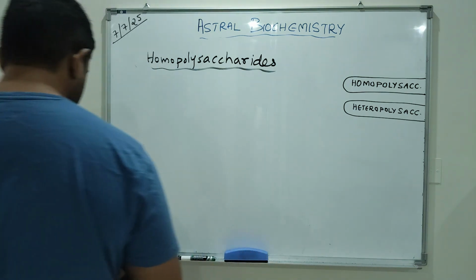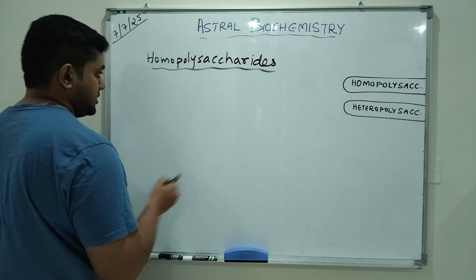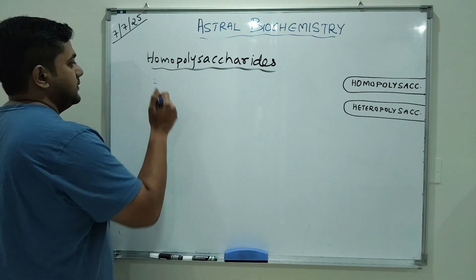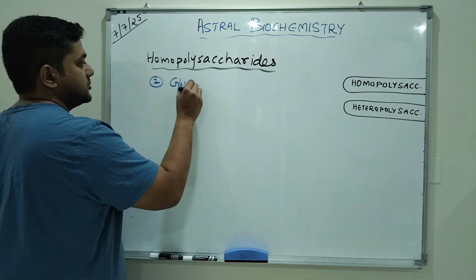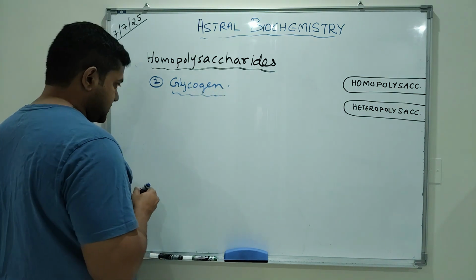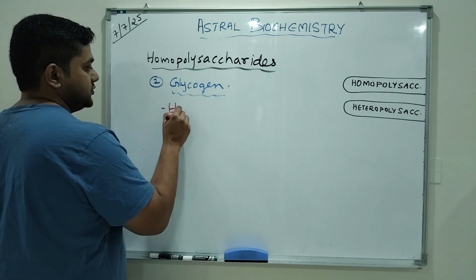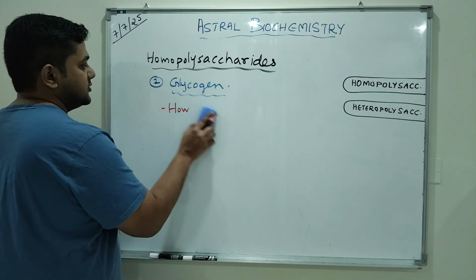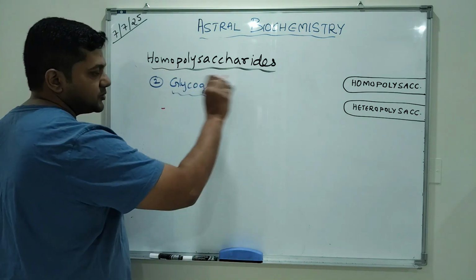The next homopolysaccharide is glycogen. Glycogen again is a homopolymer of glucose. What do you mean by homopolysaccharide?